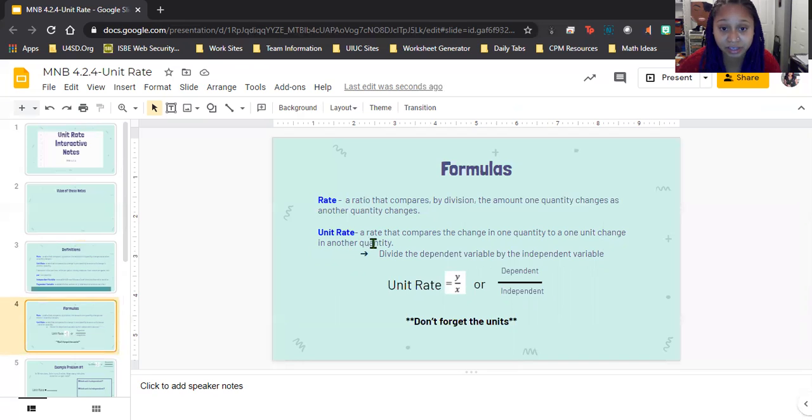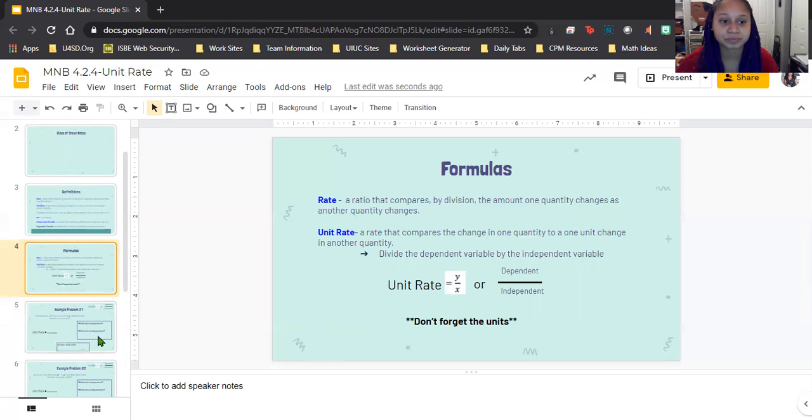So basically, all we're going to do is divide the dependent variable by the independent variable. This is the formula: unit rate equals y over x, so y divided by x, or dependent divided by independent. And don't forget your units, because most of the word problems we're dealing with require units like miles per hour or miles per gallon.